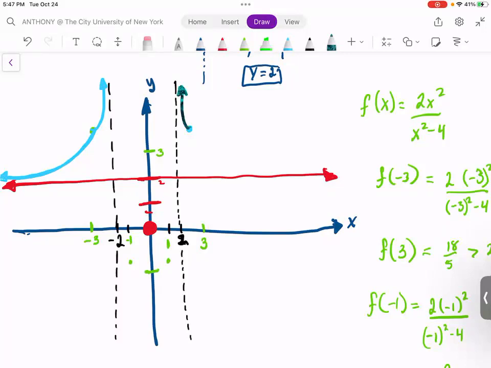Now, by the definition of your horizontal asymptote, I have to get closer and closer to the line shown in red. Are we going to touch this line? Not really. The end behavior only says that we get close to it. We're getting really, really close. So we have 2 pieces of our graph done.